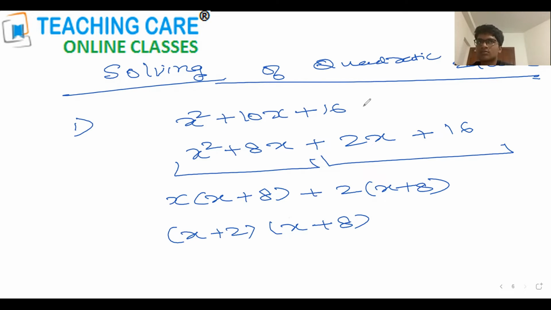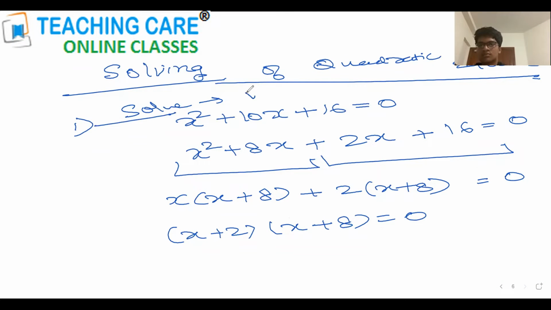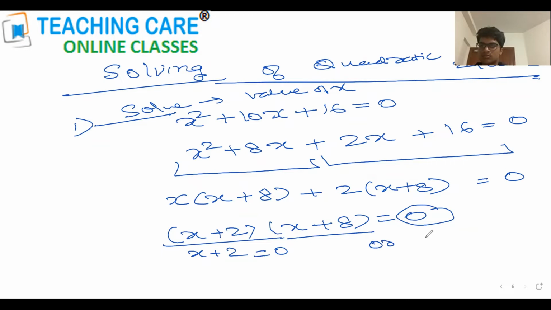Now we have a quadratic equation. And Bhavin, when we say quadratic equation, it means something is equal to 0, right? Yes. That means we need to solve it now, and when we say solve, we need to get the value of x. When two numbers have their product as 0, that means either one of them has to be 0.